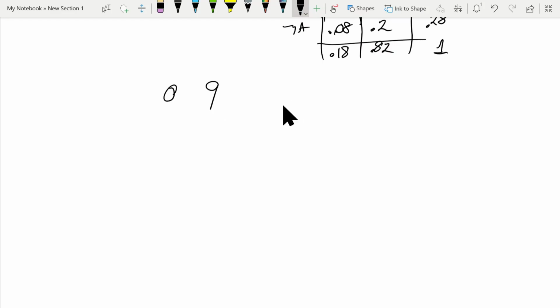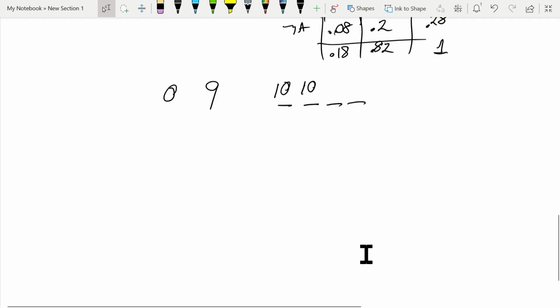We got 4 places. How many can go in the first place? 0 to 9. We can have 10. How many in the next place? Repeats are allowed. Any number can go in there. Get another 10. How many so far?